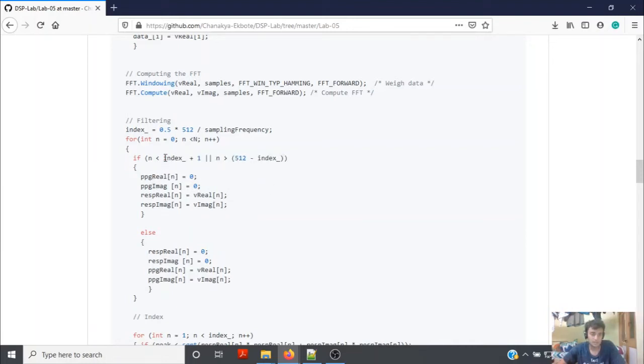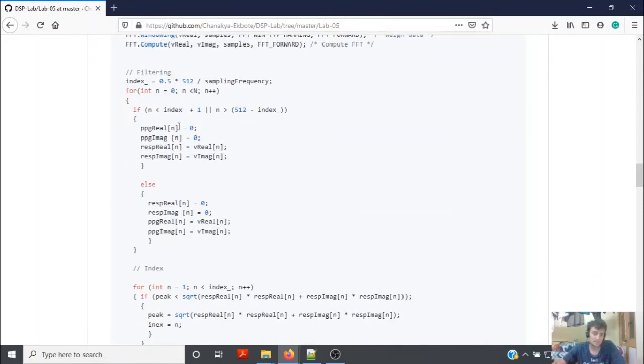So if this variable is less than the index value, we'll make the PPG real and the PPG imaginary 0, for the sole sake that the assumption is the PPG signal does not exist in those frequencies, and only the respiratory signal exists in those frequencies.